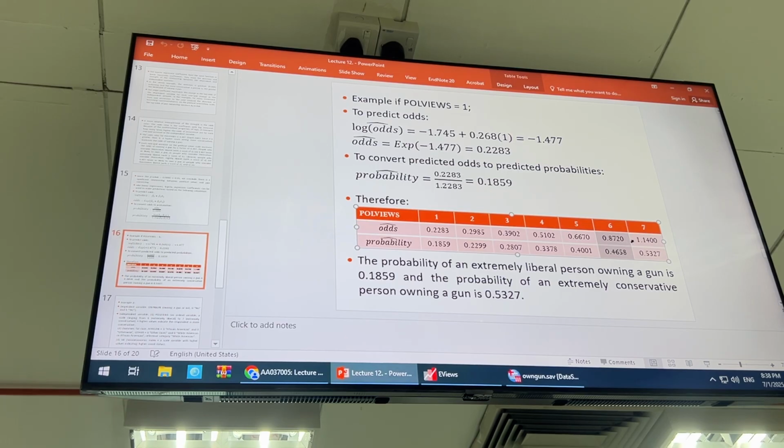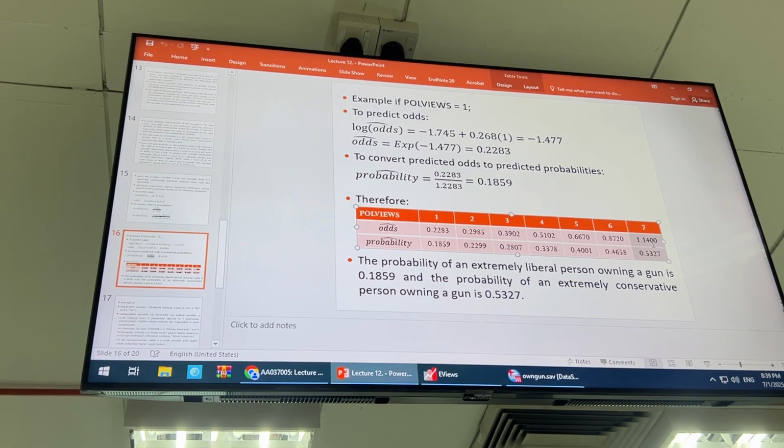But those at the highest level, extremely conservative, have a greater possibility of owning a gun. They are more likely, so the odds ratio is more than 1, more likely to have gun ownership as compared to non-ownership.